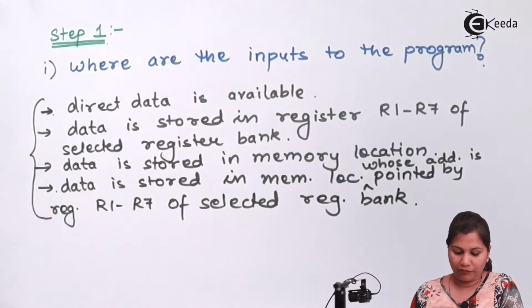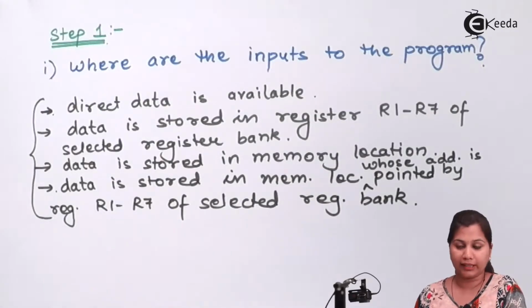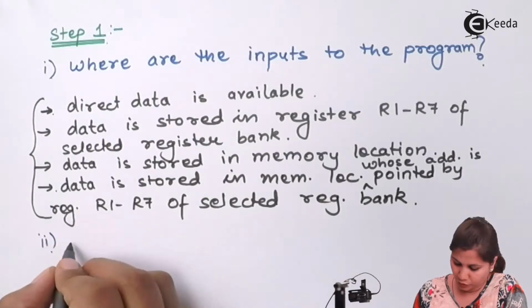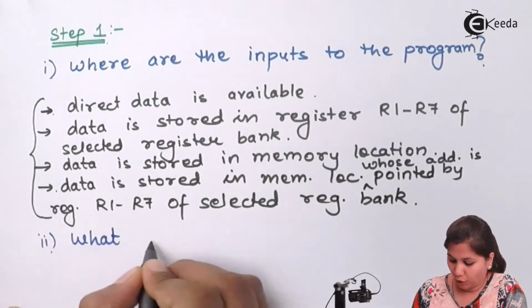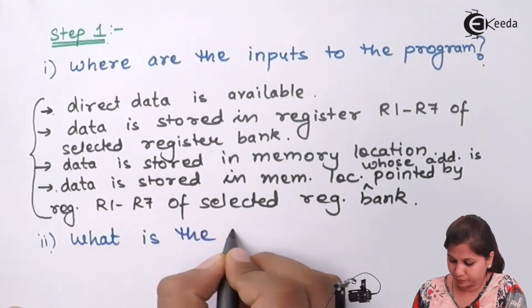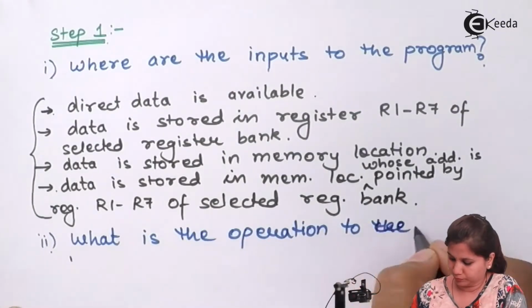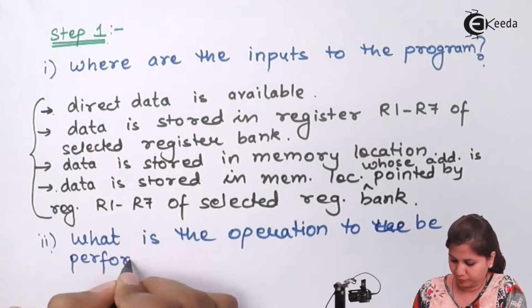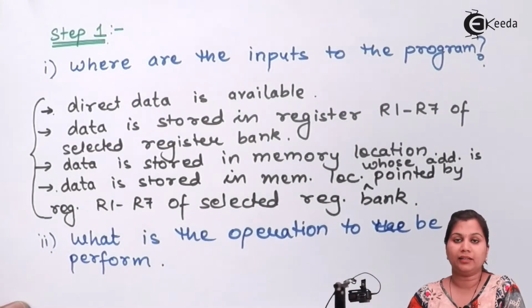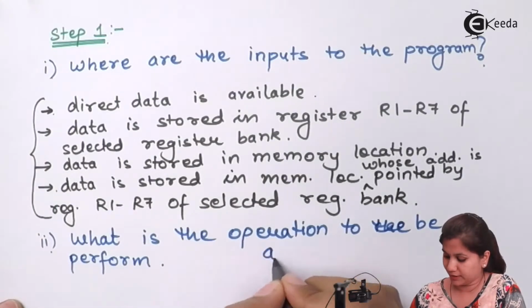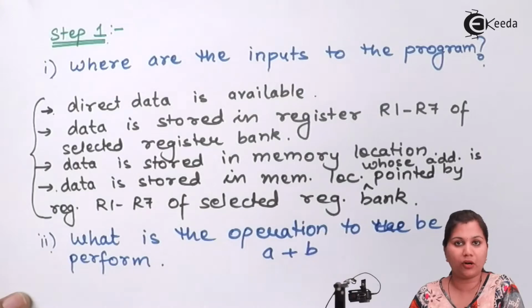Okay. Now when we have got our input, then the second thing which we will do is, what is the operation to be performed? Like if we want to do the addition of two data, then A plus B is the operation.